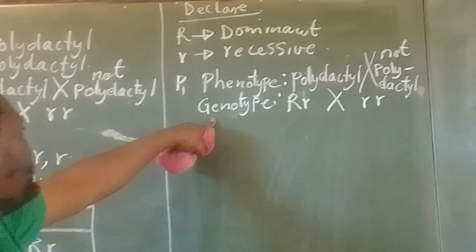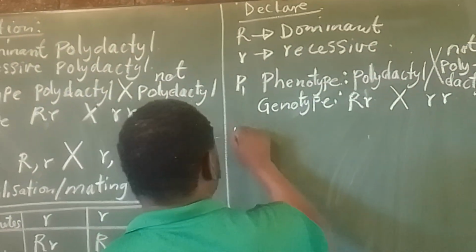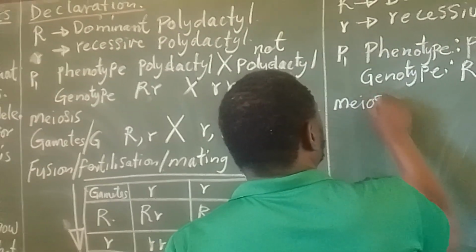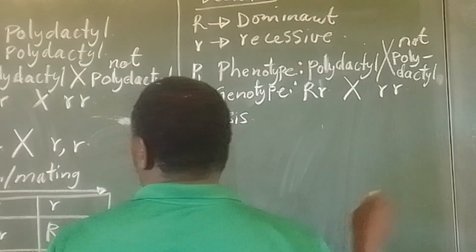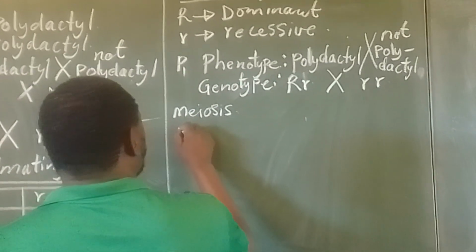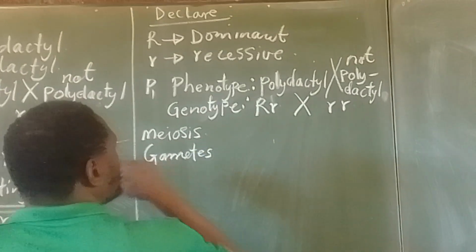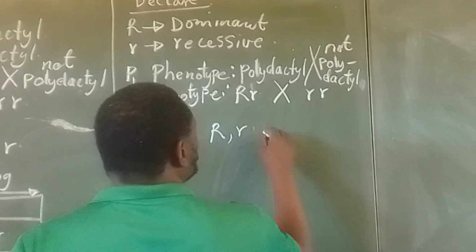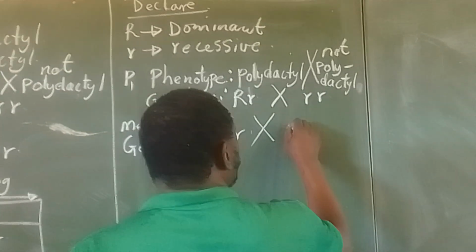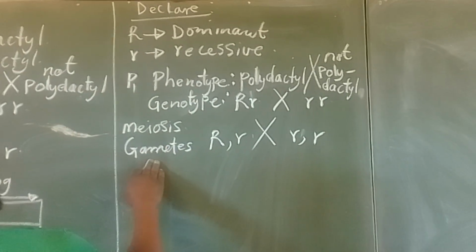Then from there, after genotype, you go for meiosis, separation. Separation means segregation. Then you're going to get a what? You're going to get the gametes. Your gametes will be composed of R, capital letter, small letter, and small letter, and small letter. Right, this is what you get.